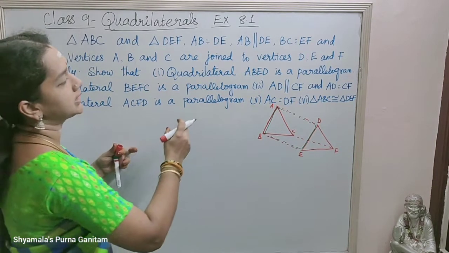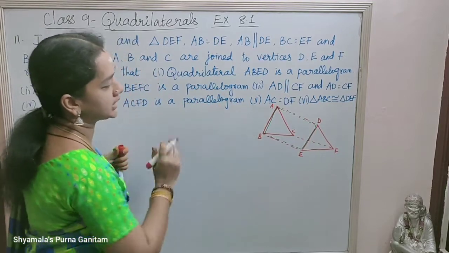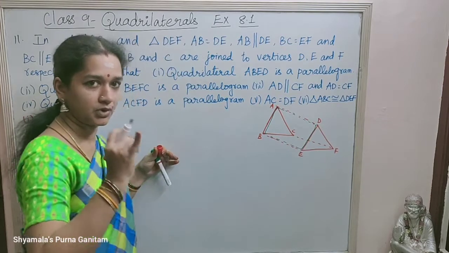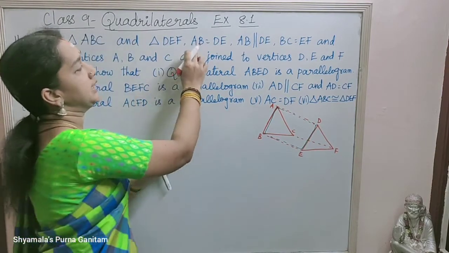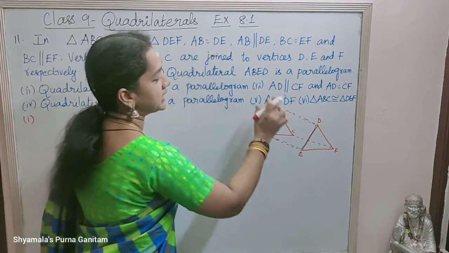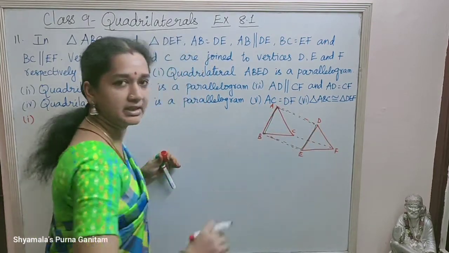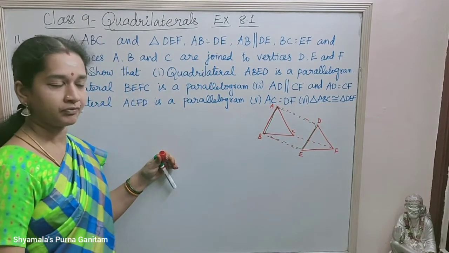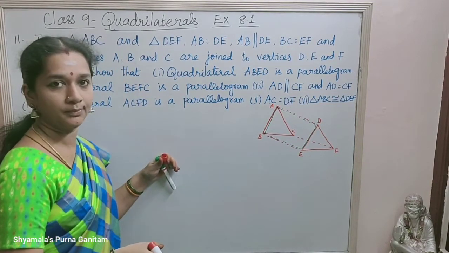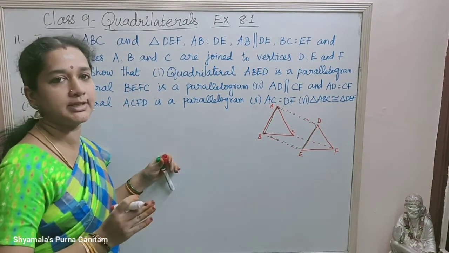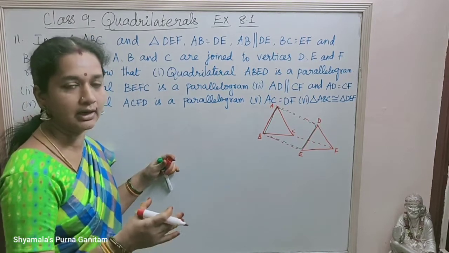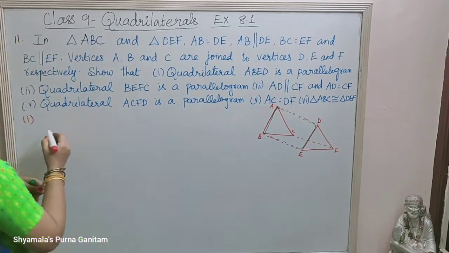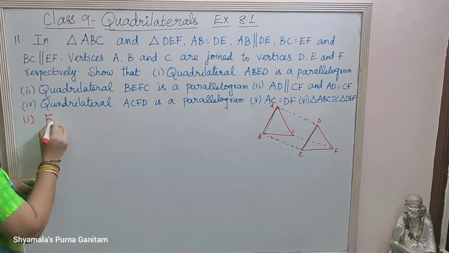In the question it is given that AB is equal to DE and AB parallel to DE. One pair of opposite sides is parallel and equal, so we can say that it is a parallelogram.